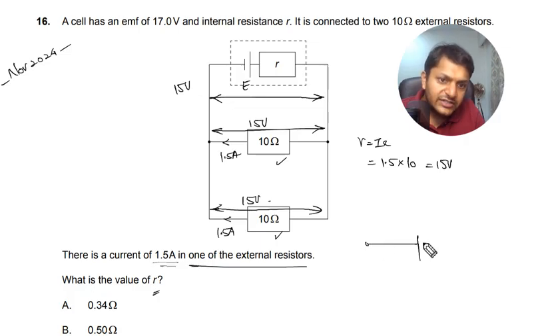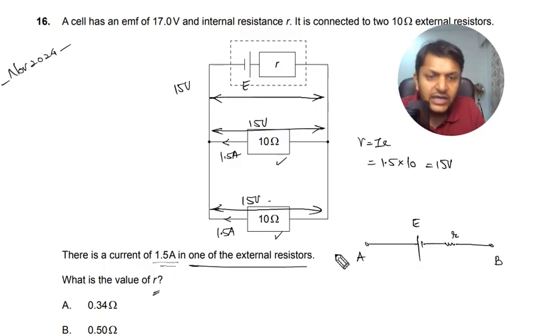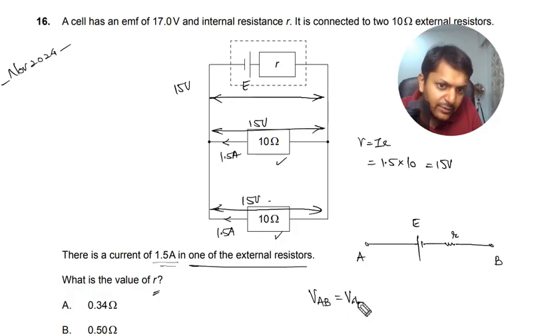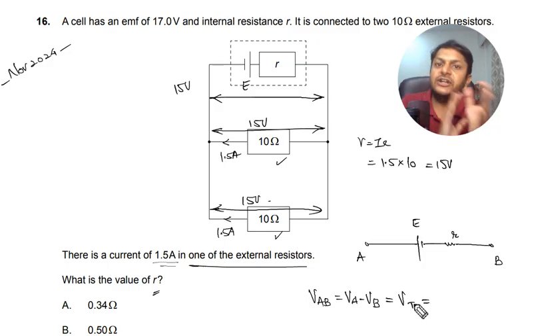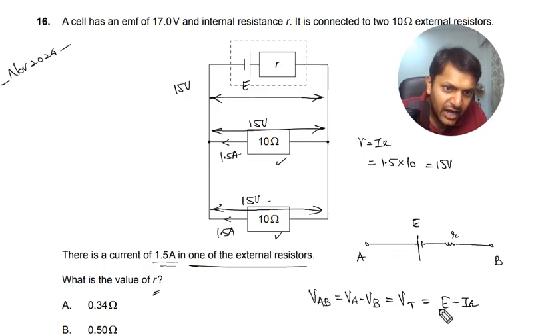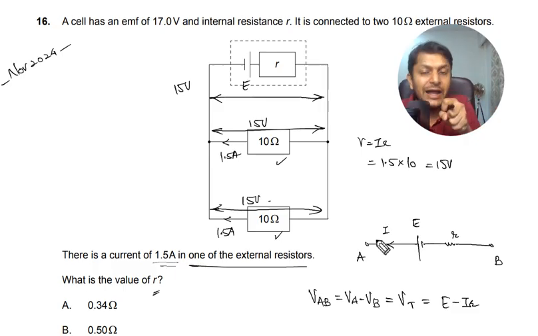Terminal potential difference is defined like this. This is the battery, this is the internal resistance R, this is EMF E, this point is A, this point is B. The potential difference across A and B, meaning VA minus VB, is known as terminal potential difference, and the formula for that is E minus IR if current is withdrawn from the battery.